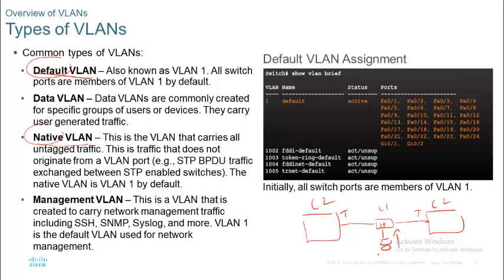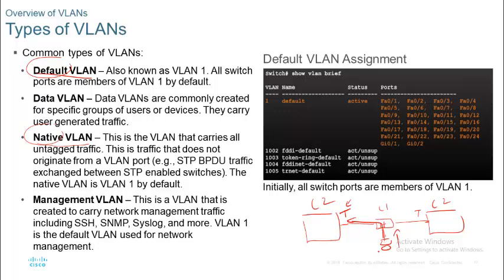So if a packet is going from this PC to the switch, the trunk port will ask, hey, what is the VLAN number you're coming from? The trunk port will look for the tag. But will there be any tag? Tell me.